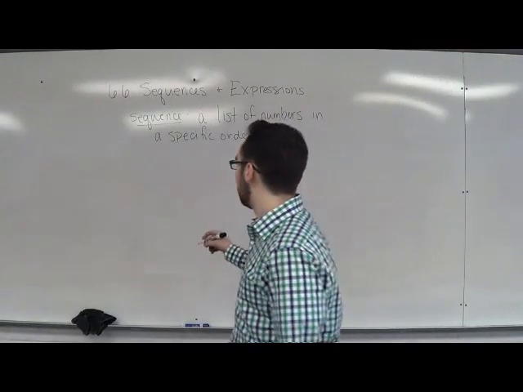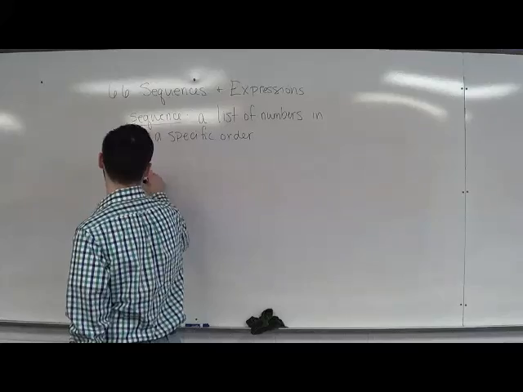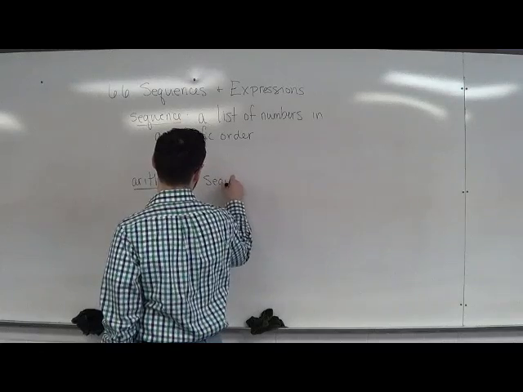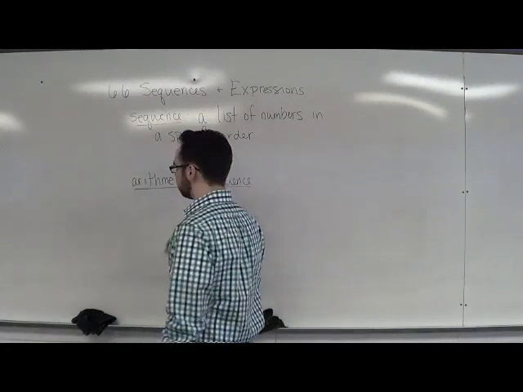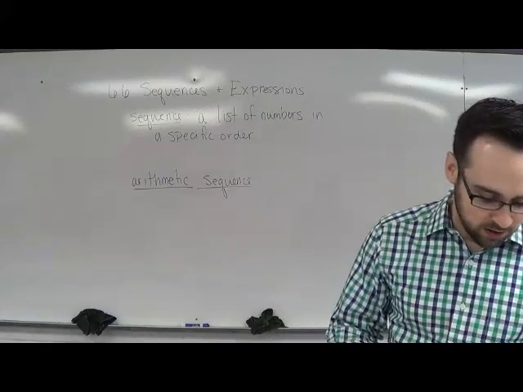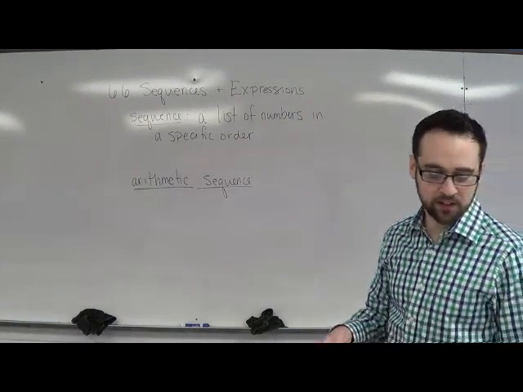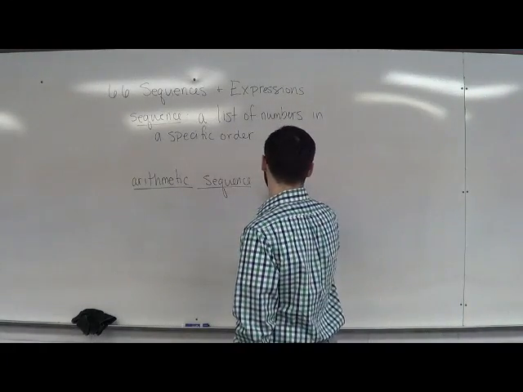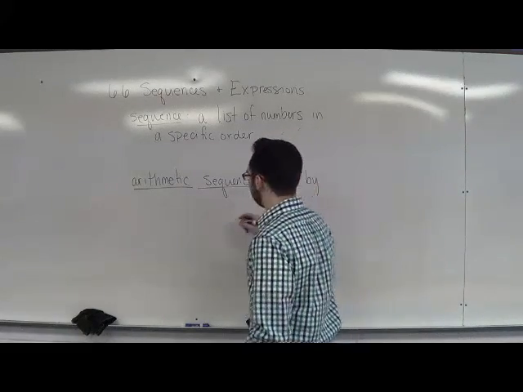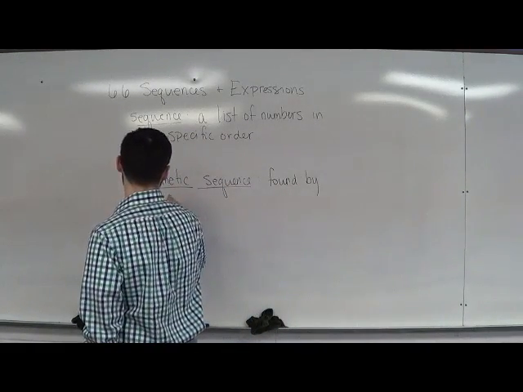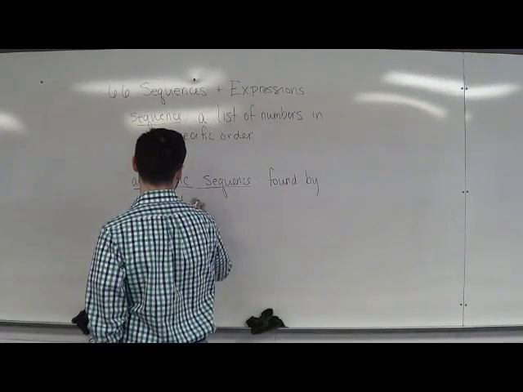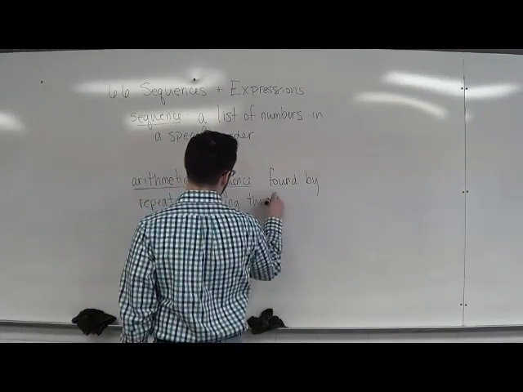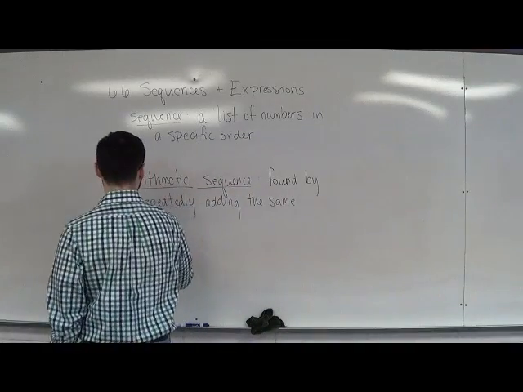Now we have what's called an arithmetic sequence, which is a specific type of sequence. An arithmetic sequence is found by repeatedly adding the same number to the previous term.